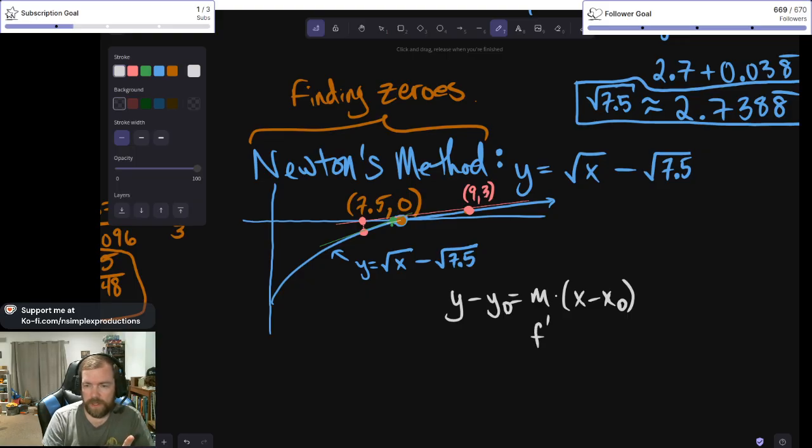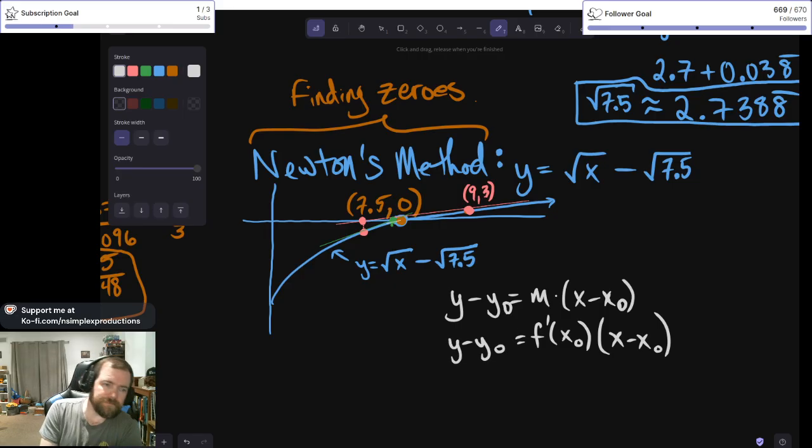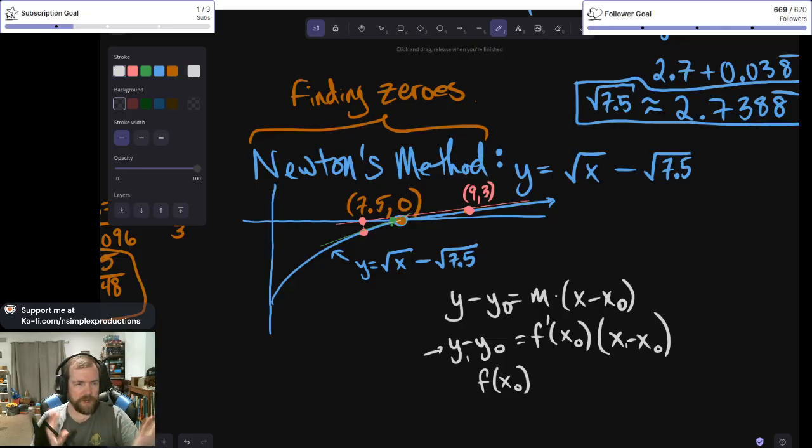So again, this is going to be f prime at x0 times x minus x0 is equal to y minus y0. y0 is the original function at x0, and on our next step, when we do this as x1, y1, we want y1 to be equal to 0 because we want to know where this function hits the x-axis.